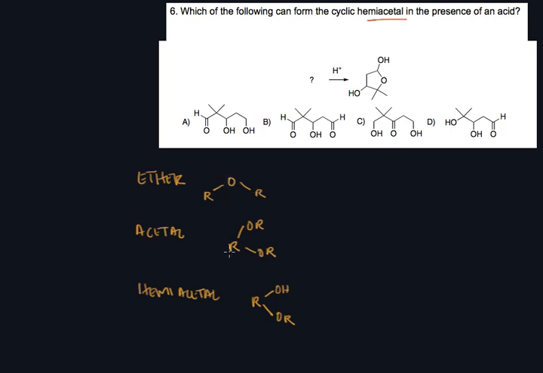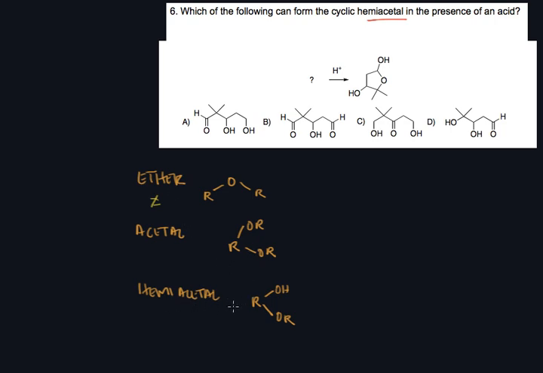An acetal is different than an ether. Acetal and ether are not the same. An acetal is an R group that has two OR groups attached to it, and they react and live differently than ethers.